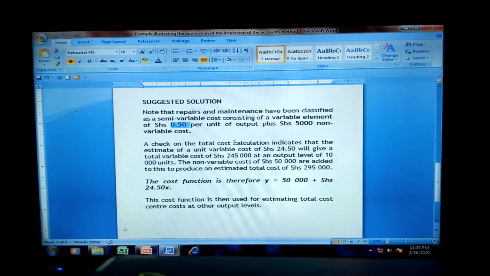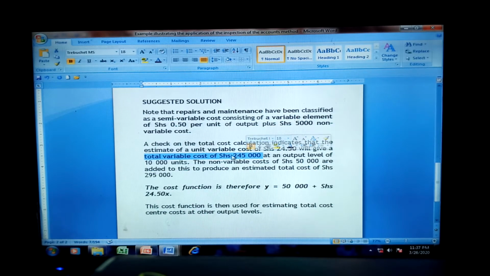A check on the total cost calculation indicates that the estimate of the unit variable cost of shillings 24.5, now this is the summation of all the unit variable costs, will give a total variable cost of shillings 245,000. So that is your variable cost out of the total at an output level of 10,000 units.